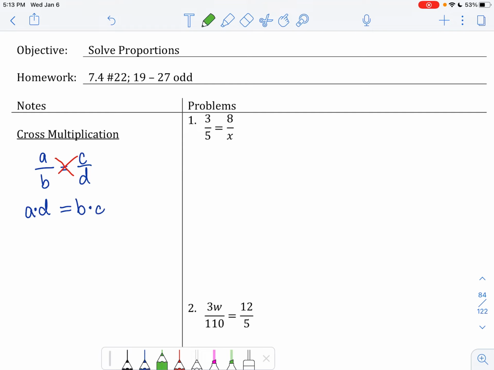Now, what's important here, and that I see some students drop, is that there's no fractions left, which is fantastic. That's the idea of why this is a helpful strategy. But you also still have the equal sign there. So no more fractions, but we still have an equal sign. Now, how do we use this to solve equations?